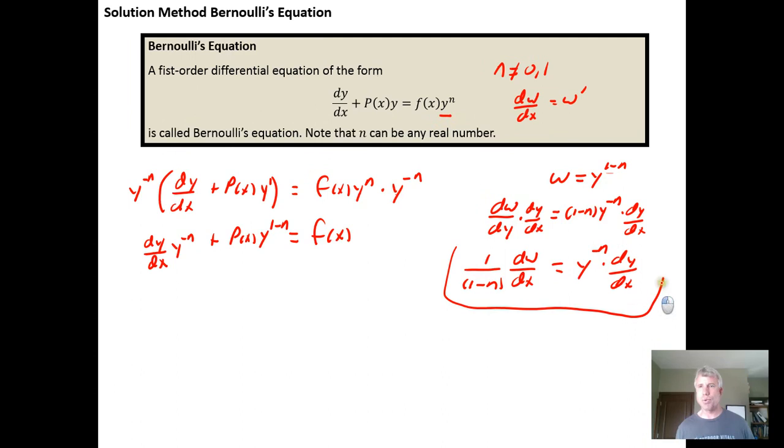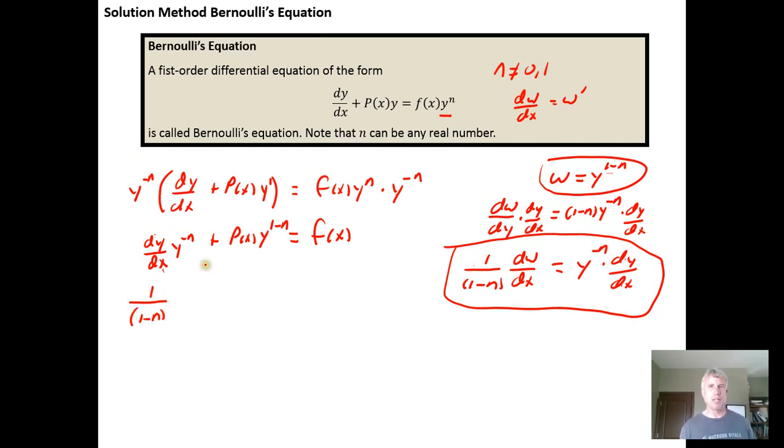So this is important, and this is important, and we're going to go over here and make some substitutions. So dy/dx times y to the negative n can be replaced with 1 over 1 minus n times dw/dx, which we'll just call w prime, plus p of x times y to the 1 minus n, but y to the 1 minus n can now be replaced with a w, and this equals f of x.